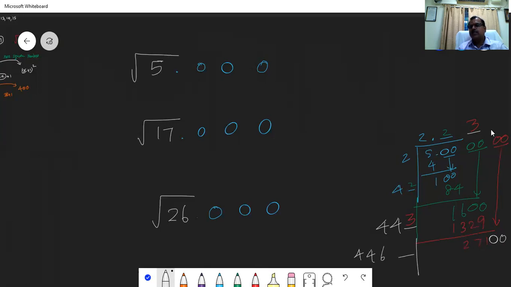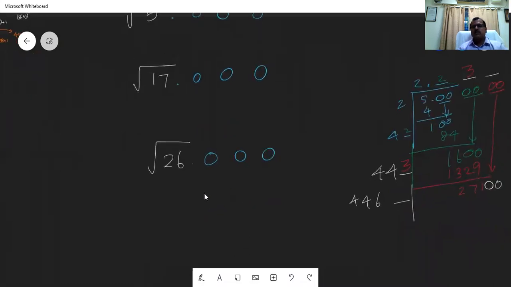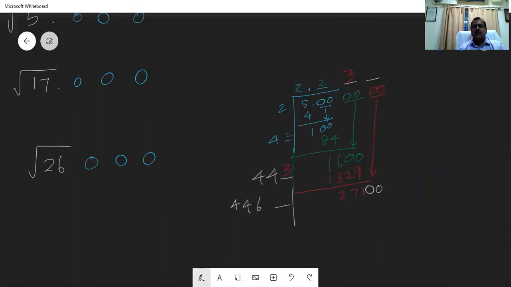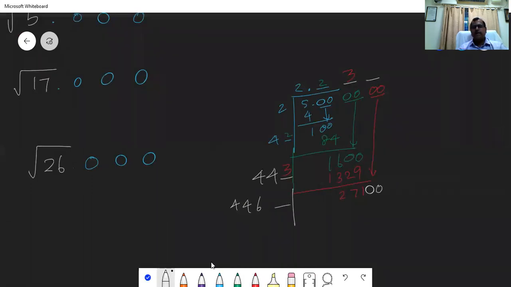You have to try with the same digit, which is called the trial and error method, correct? With the trial and error method, we can try for answers. You want 6, sir? No, I have to try with 5.